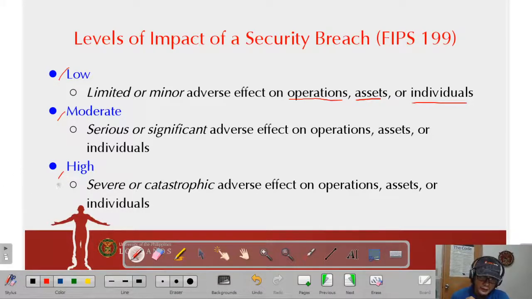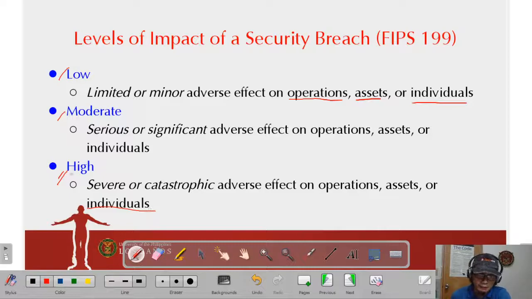Now, in the case of a high level impact, let's say you have an information system, a hospital information system, and the integrity of the data in that hospital information system has been tampered with, then that is catastrophic, because the information might be wrong, and for example a different medicine or procedure might be administered because the data was compromised.